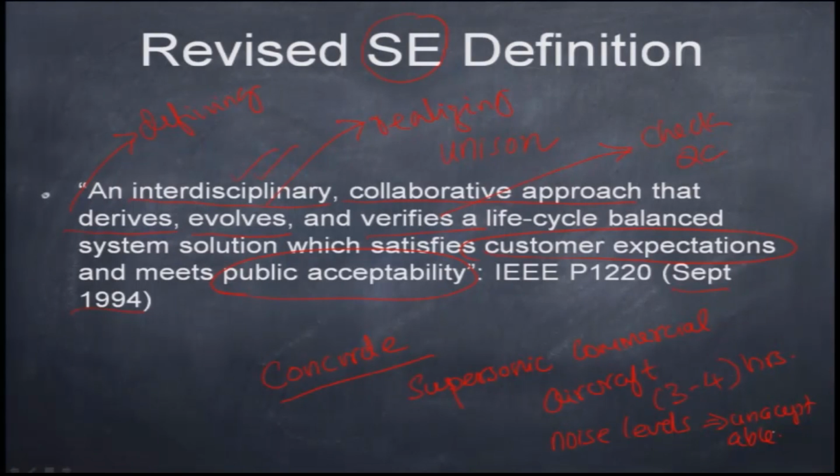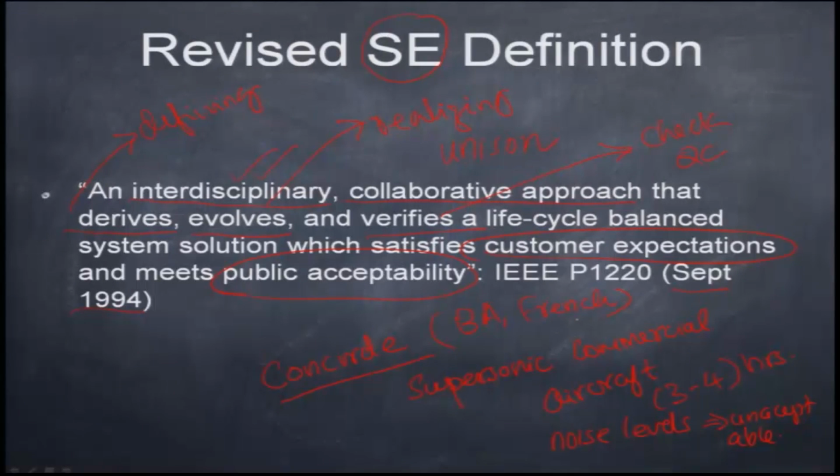So, this product was not supported by the general public, and the public acceptability was not there. Hence, Concorde services had to be shut down. So, read about this Concorde aircraft of both British Airways and French systems as well. The public acceptability was an important aspect when the systems engineering definition was revised.